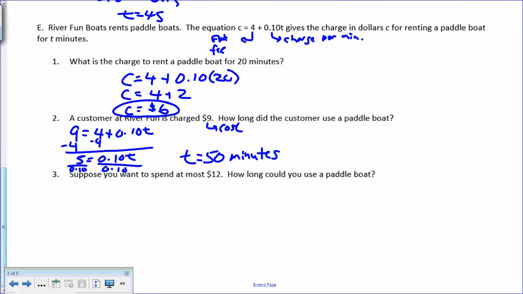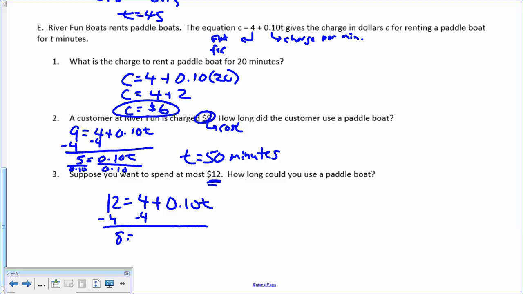So if we want to spend $12, how long can you use the paddle boat for? Well, I know up here, when we spent $9, it was 50 minutes. So I know if we spend 12, I should have an answer of more than 50 minutes, right? So if I plug in 12 to my equation and solve for T, subtracting 4 from both sides gives me 8, and I got 0.10T on the other side.